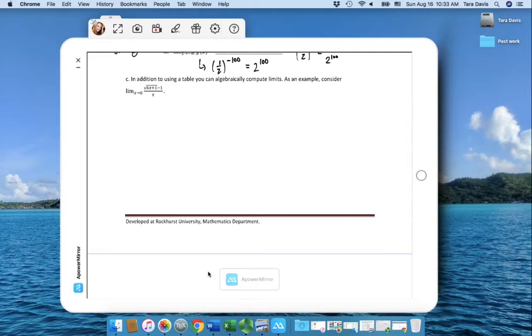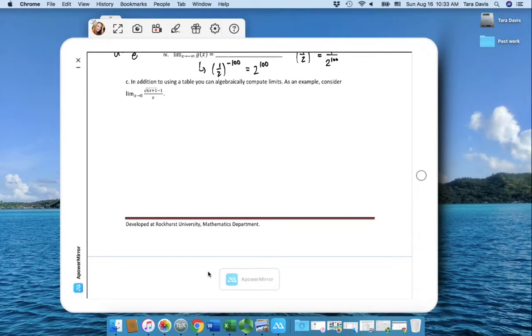So, okay. When you see a limit like this, the limit as x approaches 0 of the square root of 6x plus 1 minus 1, all over x, the first thing you can try is plugging in x equals 0. If I plug in x equals 0, what's going to happen? I would get the square root of 0 plus 1 minus 1 over 0.